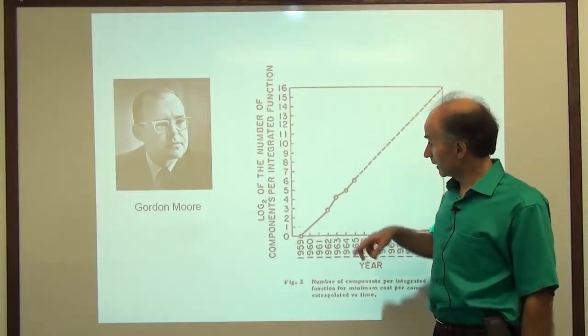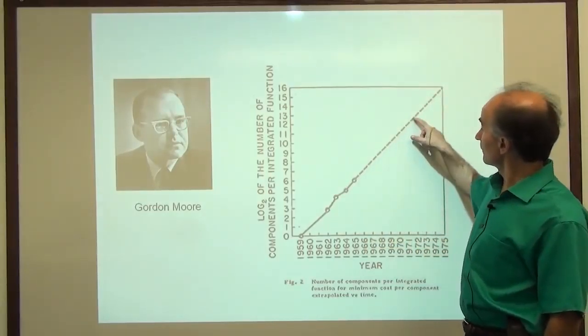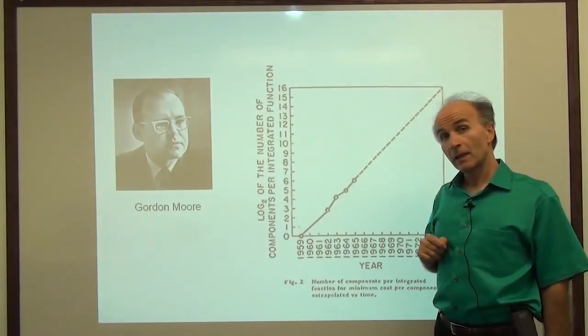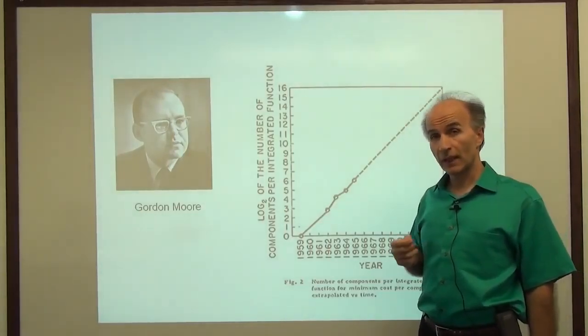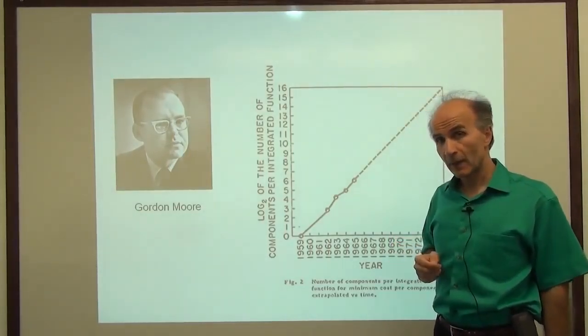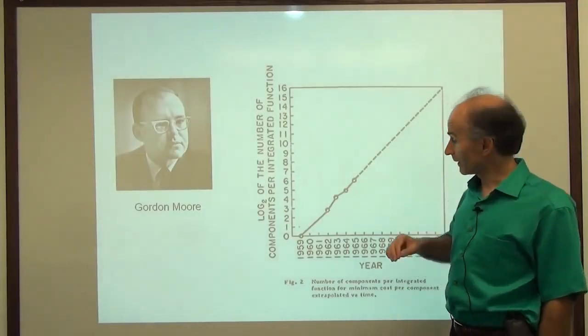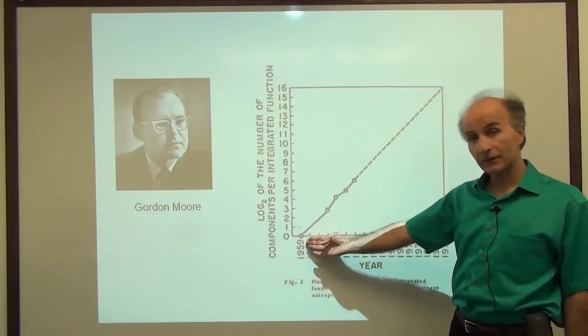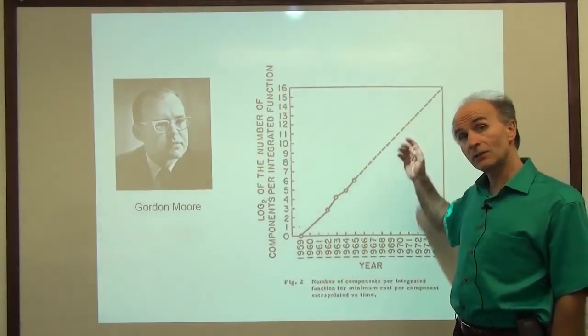And he said, well, this might continue. This might go unstoppably. And that was known eventually as Moore's Law. Now what's amazing is that this trend never stopped. This trend started from the early 1960s and has continued even today.